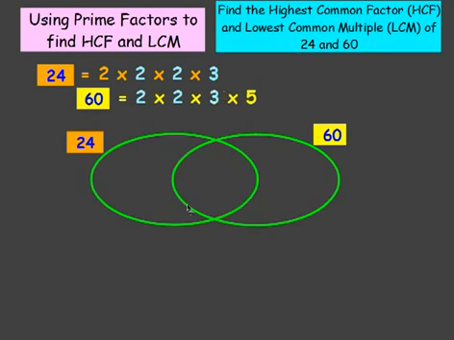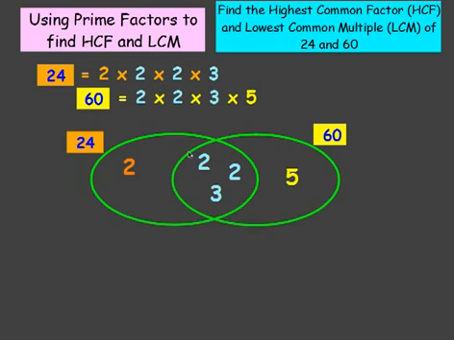So in the overlapping region we're going to have 2, 2 and a 3, and we know those multiplied together, 2 2s and a 3 multiplied by another 2 here give us 24, 2 2s and a 3 multiplied by 5 give us 60.